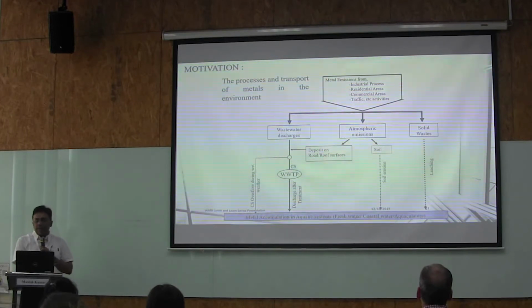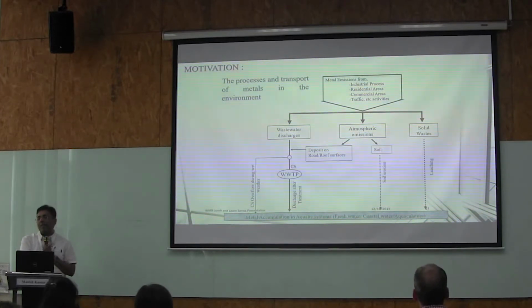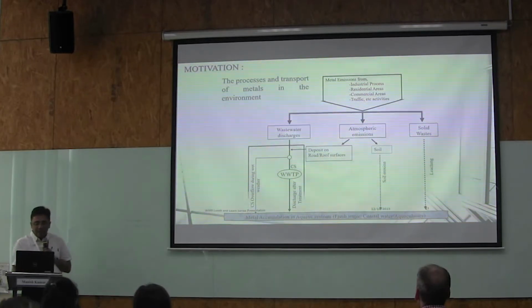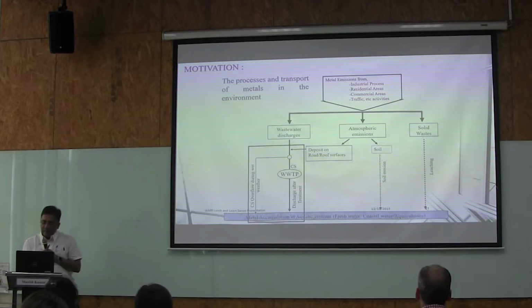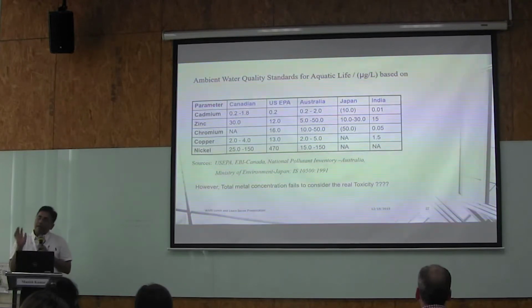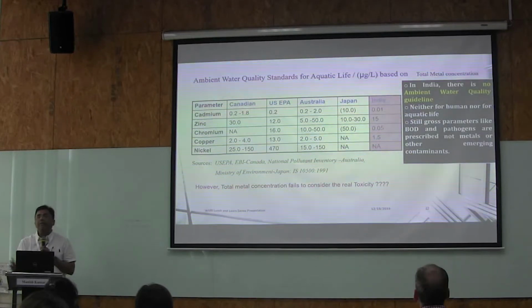So what I am talking about is that from the aquaculture perspective, not only microplastic or antibiotic resistance are important, metal is also a very key factor, because the metal will come into the coastal water and into aquaculture, so there will be metal accumulation in aquaculture. And in India and many developing countries, we don't have ambient water quality guidelines for metals.